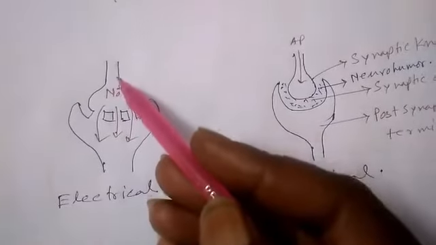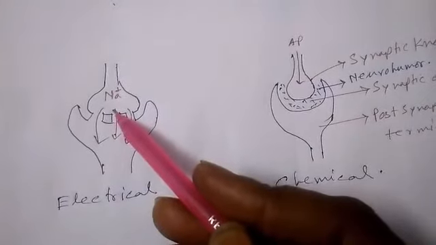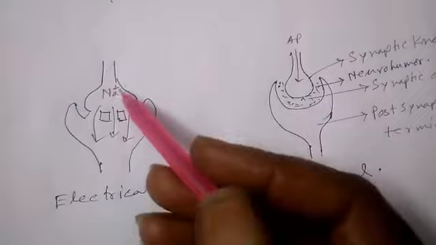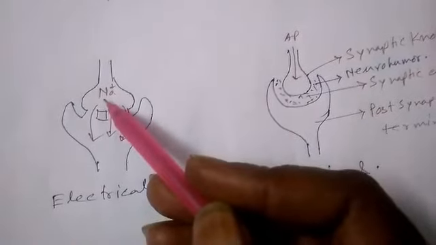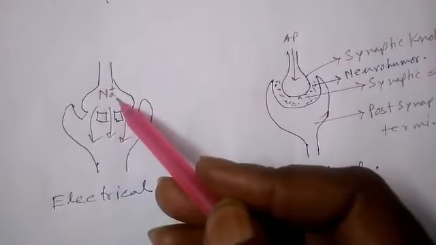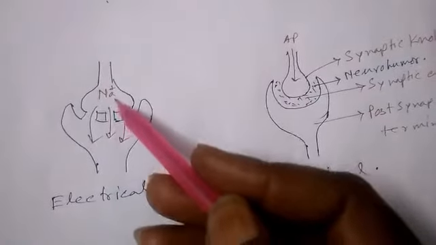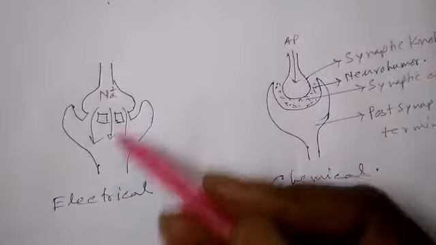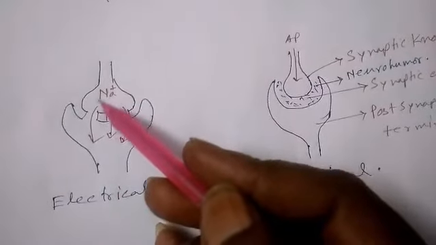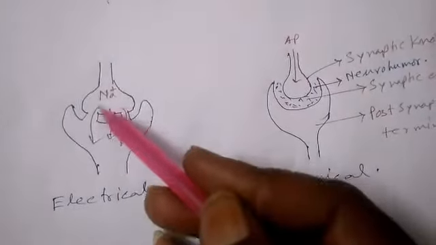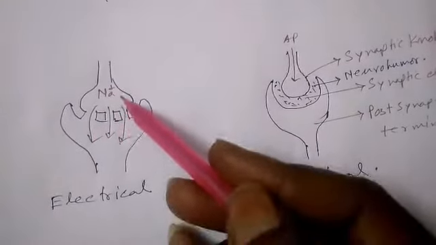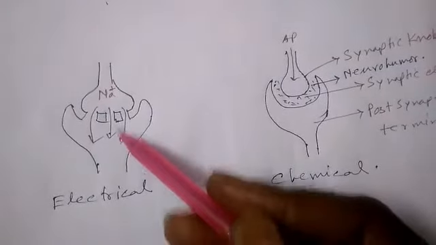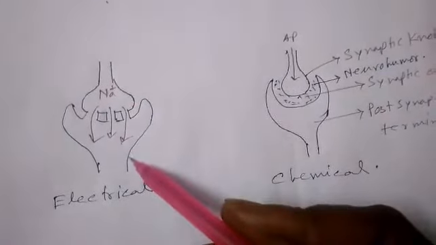When a neural signal arrives at the previous neuronal terminal, it means the arrival of a high concentration of sodium ion, and this signal is transmitted to the next neuron by transferring the electrolytes from the previous neuron to the next neuron through these electrical channels, through this cytoplasmic connection. Hence, this type of synapse is known as electrical synapse.